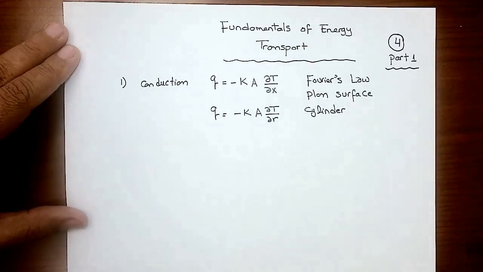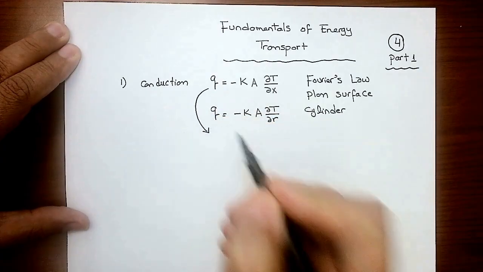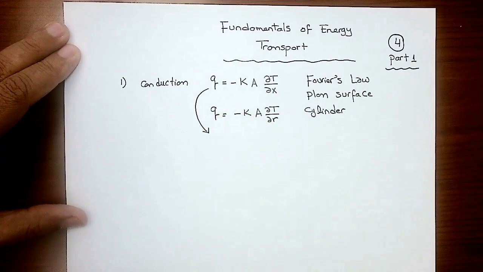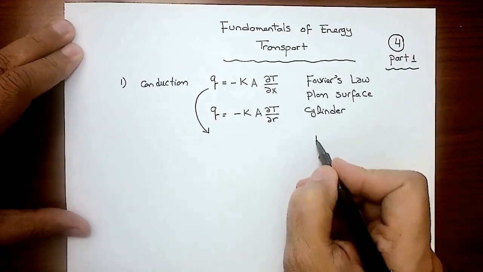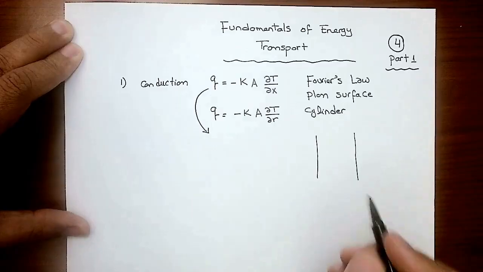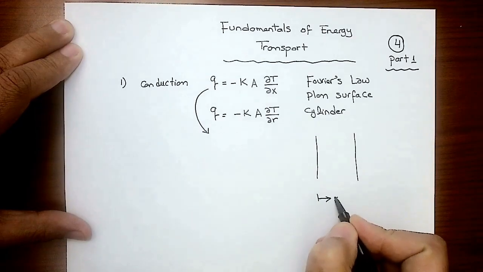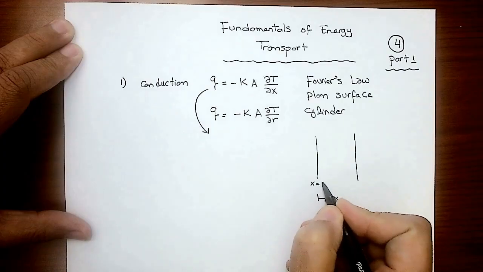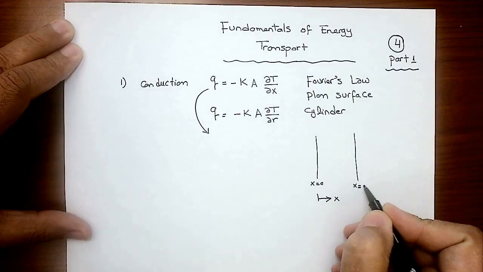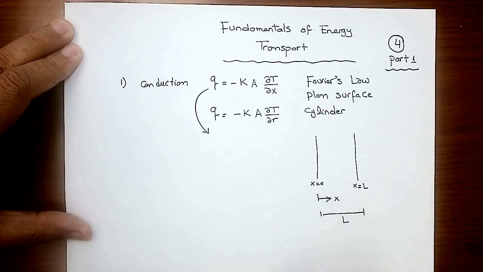And we were able to simplify this equation by a very simple assumption to assume that temperature change within plane surface, looking to the projection dimensions here. This is the direction X. This is X equal 0, X equal L, whereas L is presenting the thickness of this wall.